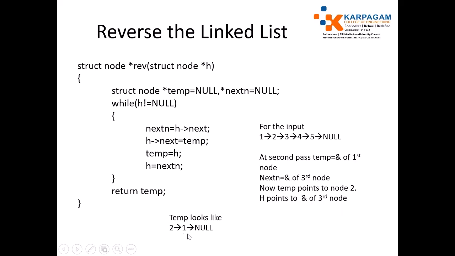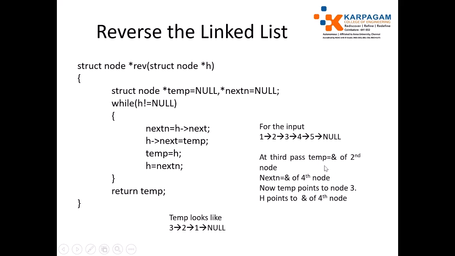At the second pass, temp points to the address of the first node. Next node points to the address of the third node. Now temp points to node 2 by executing temp equal to h. Then h points to the address of the third node. After completing the second pass, the temp node will look like this: 2, 1 followed by null.